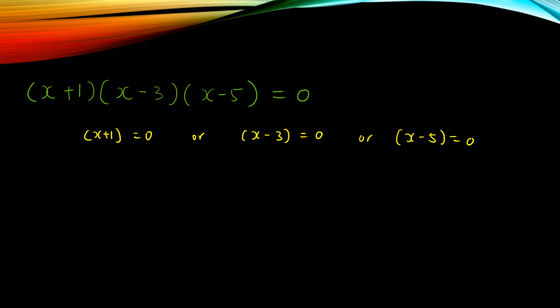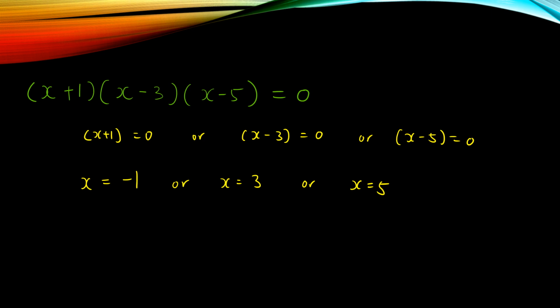So from there we conclude that x equals negative 1, or x equals 3, or x equals 5. The main idea why we can do that is because whenever we have a product of terms and the total product is 0, it means that at least one of these terms has to be 0. So it can be either the first term, x plus 1, or the second term, x minus 3, or the third term, x minus 5, equals 0.